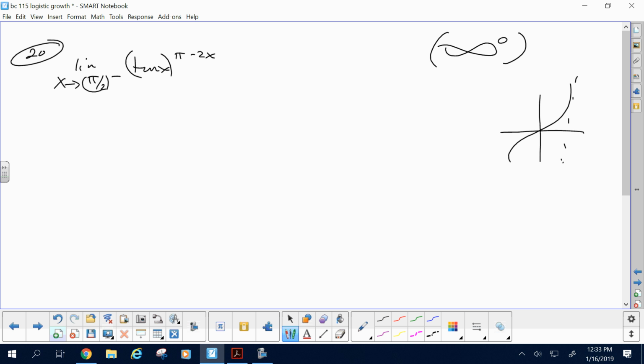Is that an indeterminate form? It is. Okay, so we should proceed and do all the work. So we go E. Limit as x goes to pi over 2 from below of pi minus 2x log of tangent of x.